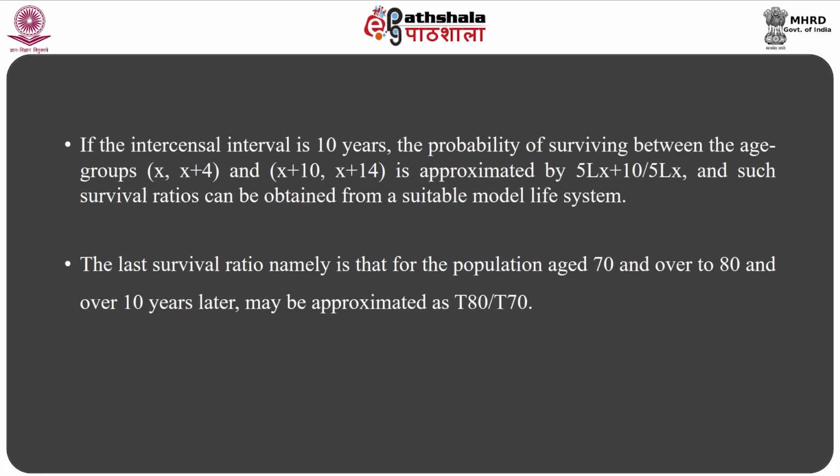If the inter-censal interval is 10 years, the probability of surviving between the age group x to x plus 4 and x plus 10 to x plus 14 is approximated by 5Lx plus 10 divided by 5Lx, and such survival ratios can be obtained from a suitable model life table system.